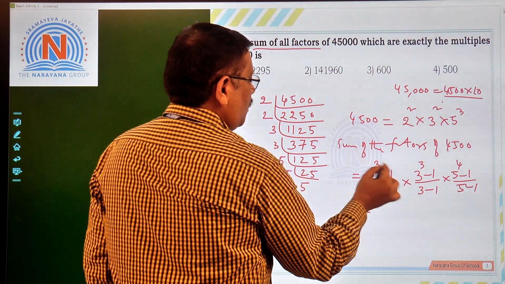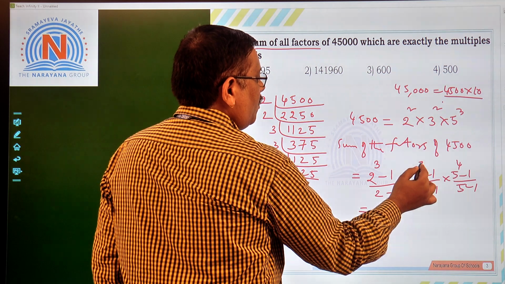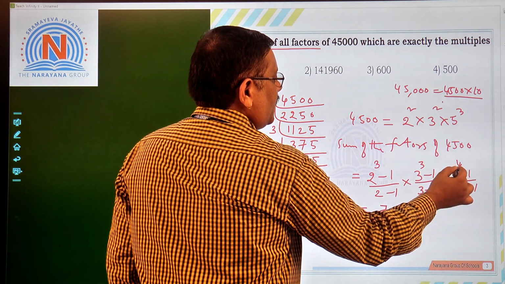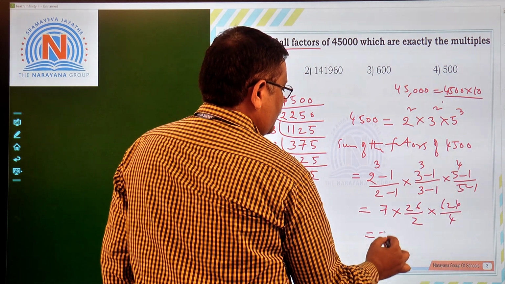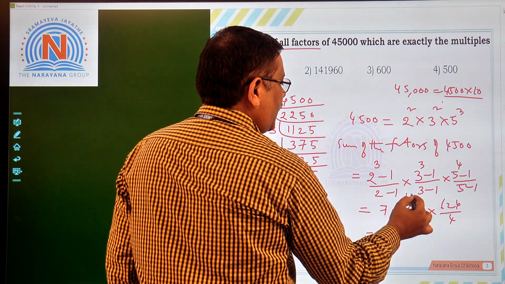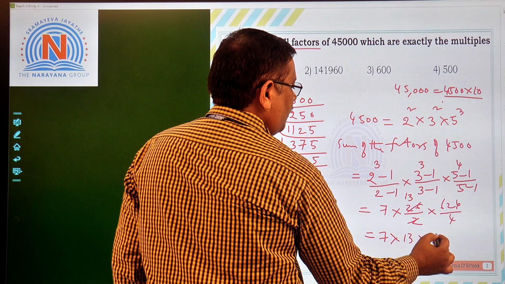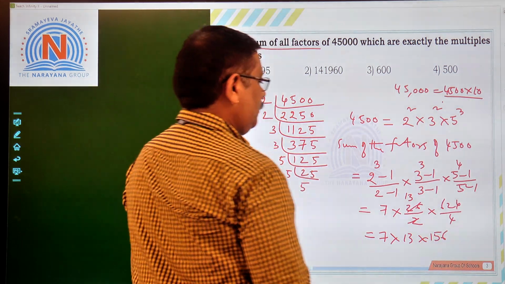That is going to be 2 cubed minus 1, that is 8 minus 1, that is 7, into 3 cubed, 27 minus 1, that is 26, upon 2, into 5 to the 4, that is 625 minus 1, that is 624, by 4. That is otherwise 7 into 13 into 156.